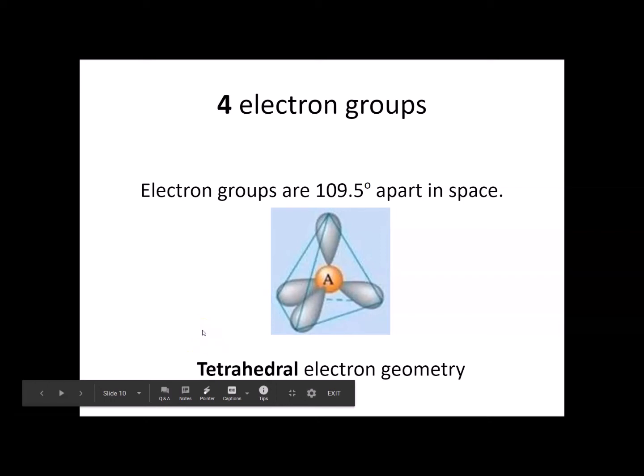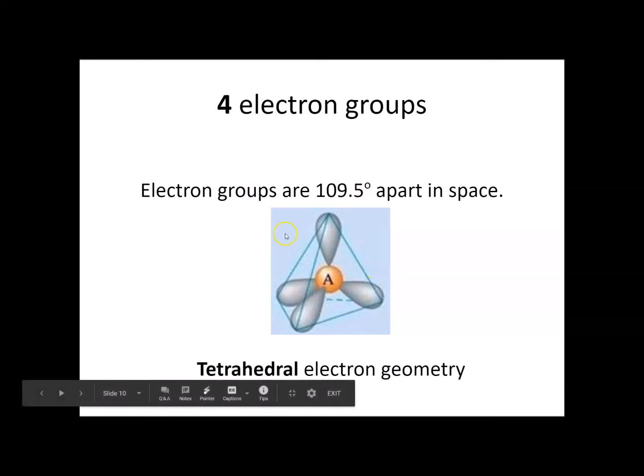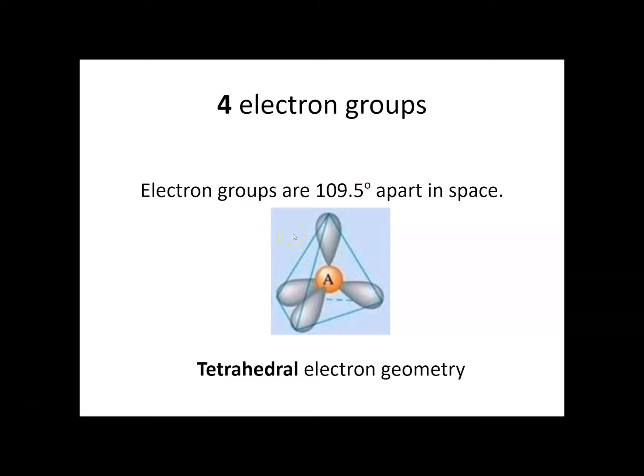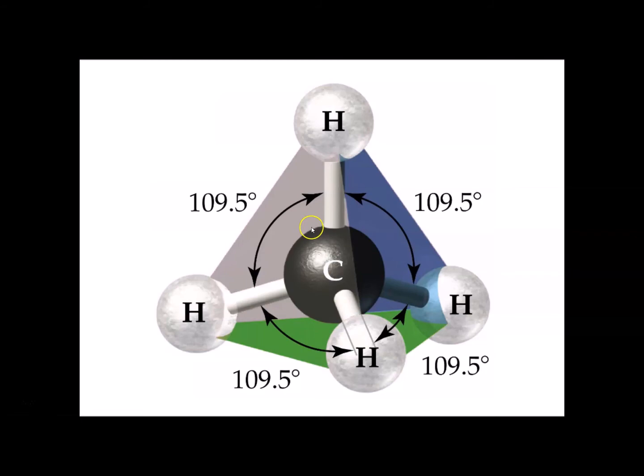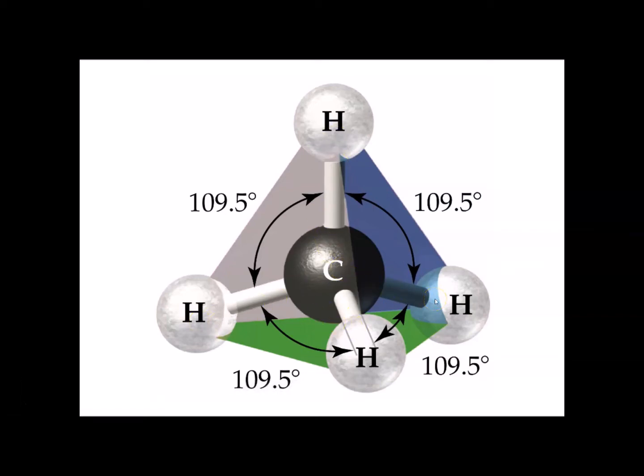So we have tetrahedral electron geometry when you have 4 electron groups. Now notice, if you have a central atom following the octet rule that is not double bonded, you're going to get tetrahedral electron geometry. So this is probably the most common of the electron geometries. Here's a way to visualize it. Take methane, CH4. You have a central carbon. You have 4 hydrogens coming out of that central carbon atom.